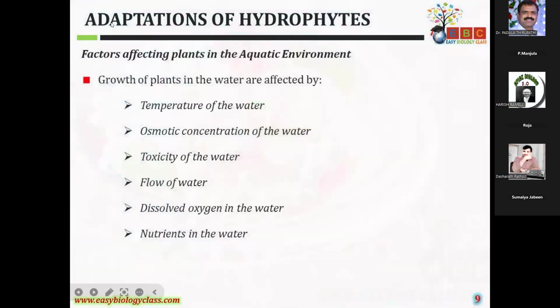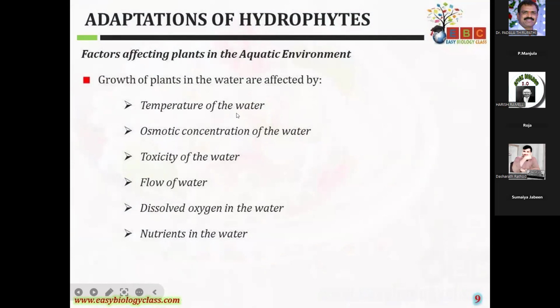So here are the factors which affect plants in the aquatic environment. When plants are growing in the water, their growth can be affected by the temperature of the water, the osmotic concentration of the water, and the toxicity of the water, based on the water body.